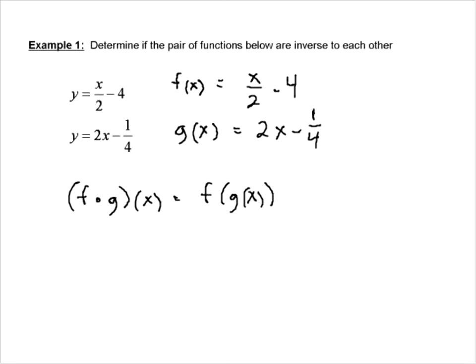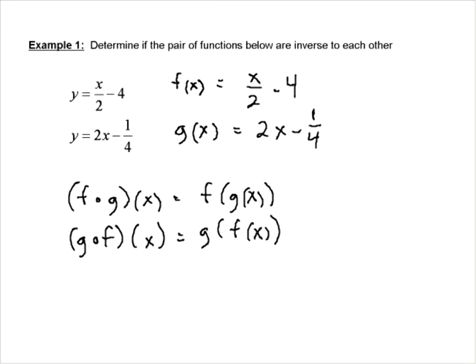Now, I can actually choose here. I can do f of g of x and put g of x in f, or I could do g of f of x. Both are going to work, because we're not concerned about what the solution is per se. We're just concerned if, when you compose them together, you're left with just an x.